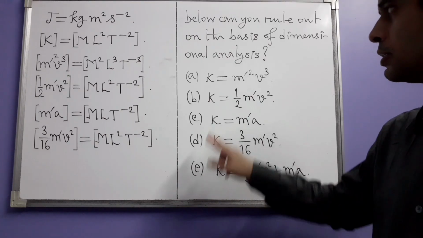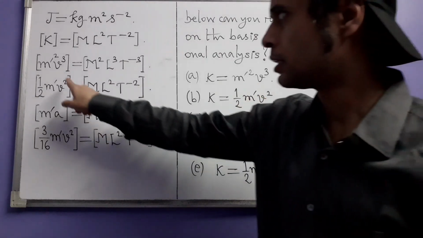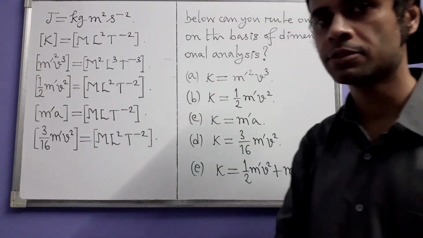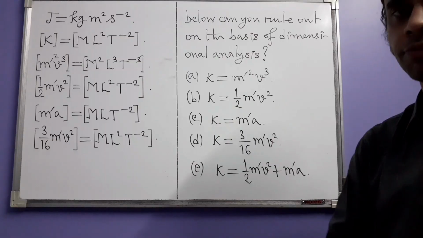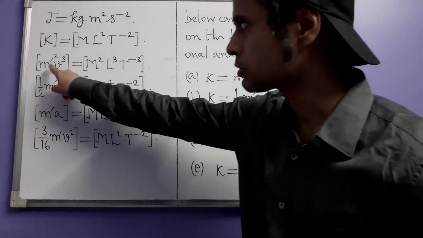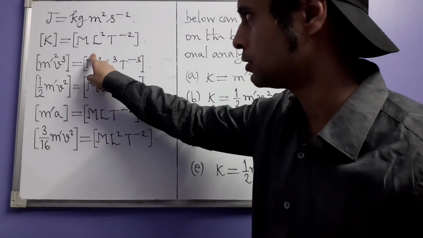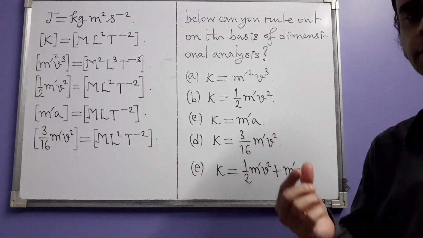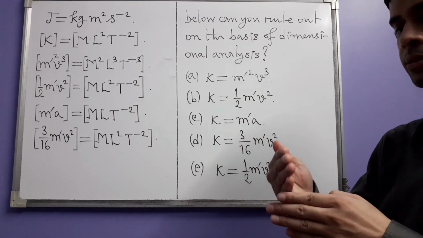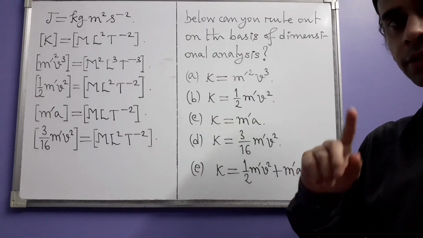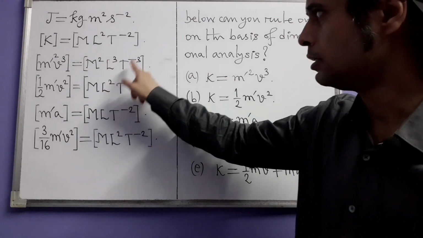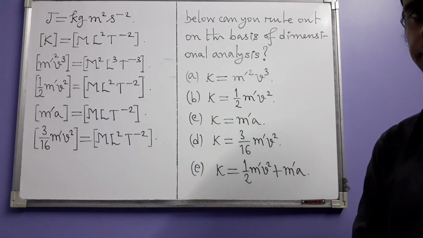And then what about this other quantity? Here you see that we have the square of mass times the cube of velocity. So because of square of mass, you will have m^2 here, and the dimensions of velocity is L t to the power minus 1, but you have the cube of that, so L^3 t to the power minus 3.